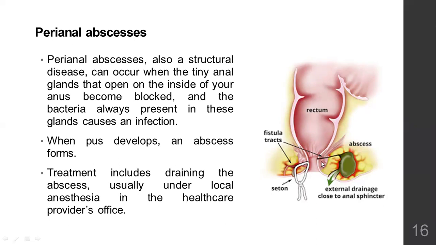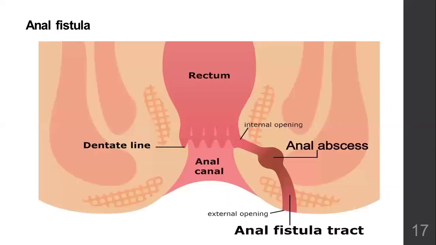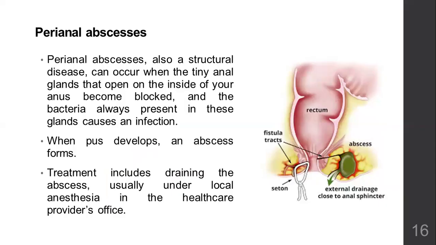If there is any blockage, because these tiny glands provide moisture, giving mucus into the anal canal and keeping the area well moisturized, the fluid secreted by them will also be blocked. Bacteria will be present, and it will lead to infection. When infection is there, that's when pus formation is there. That is abscess, which is painful.